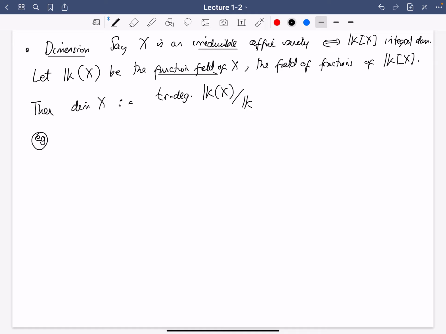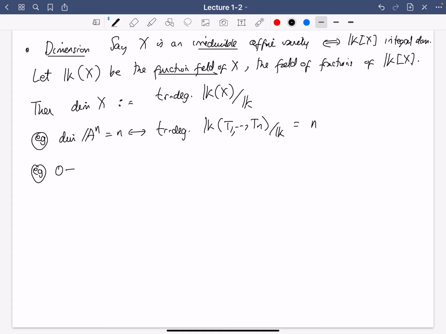For example, the dimension of affine n-space is, of course, n, because the transcendence degree of the field of rational functions in n indeterminates over k, well, those t's are a maximal set of algebraically independent elements, and so that transcendence degree is n. Maybe one more example.